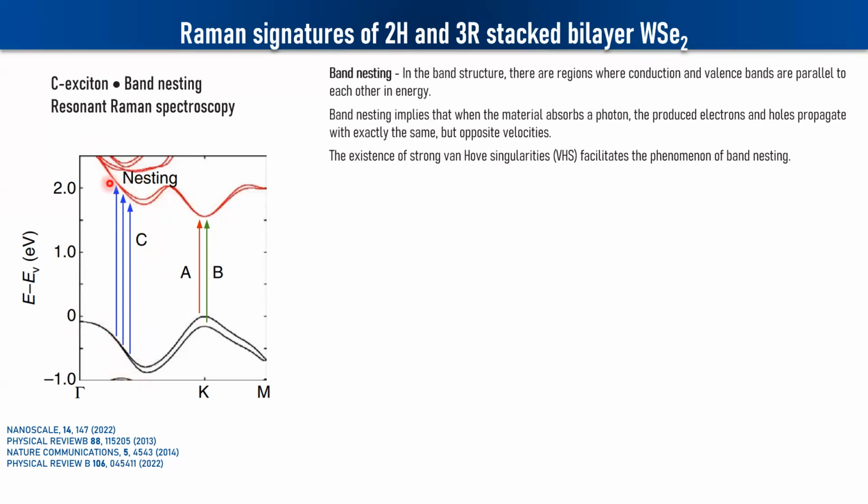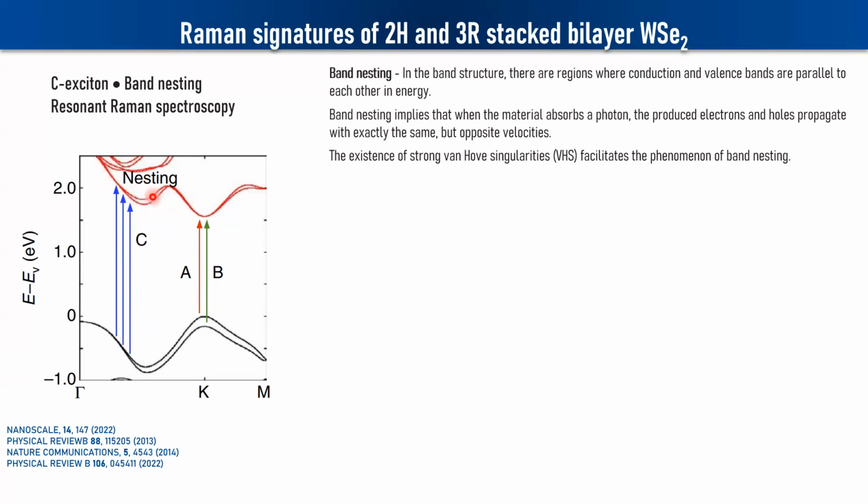So what does nesting actually mean? In the band structure, there are regions where the conduction band and the valence band are parallel to each other. So if you are exciting an electron from the valence band to the conduction band with a photon, the produced electrons and holes will propagate with exactly the same but opposite velocities because your curvatures are the same here.